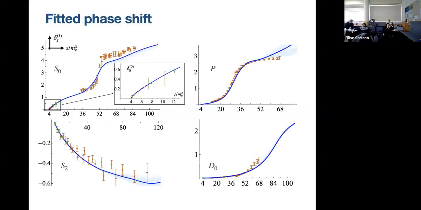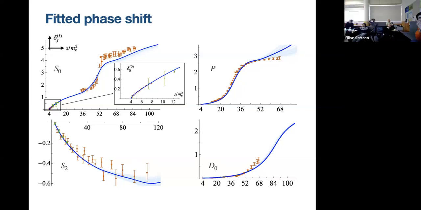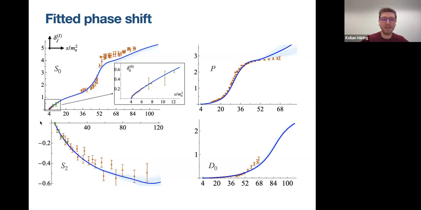So first of all, what are the results on the phase shift? I haven't yet told you what phase shift we fit. The data we take are these orange error bars, which are experimental measurements in different channels: the S0 channel, S2 channel, in the D0 partial wave, so either spin 0 or spin 2, and in the P wave.